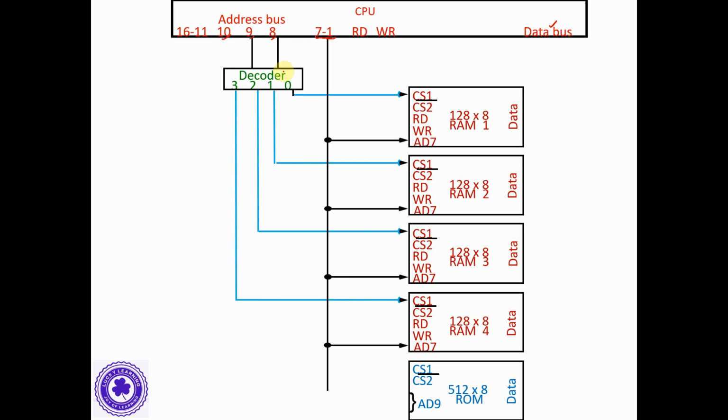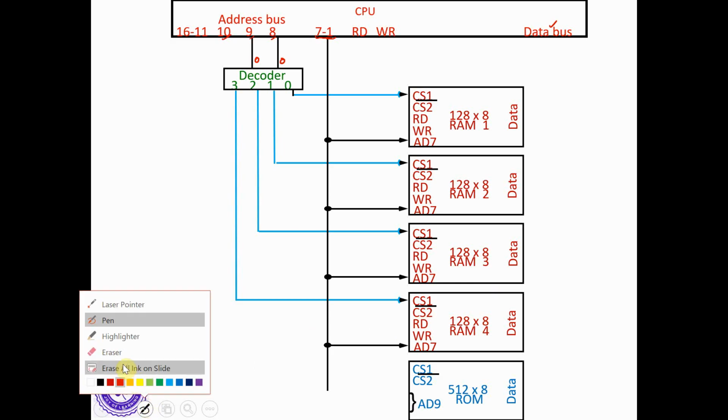It means when 0 0, it is going to select decoder output 0, that is connected to CS1 of RAM 1. Like this, decoder output 1 is connected to CS1 of RAM 2, decoder output 2 is connected to CS1 of RAM 3, decoder output 3 is connected to CS1 of RAM 4.